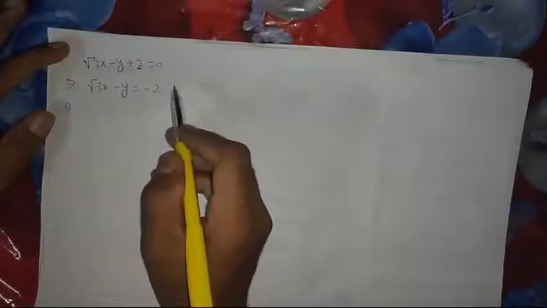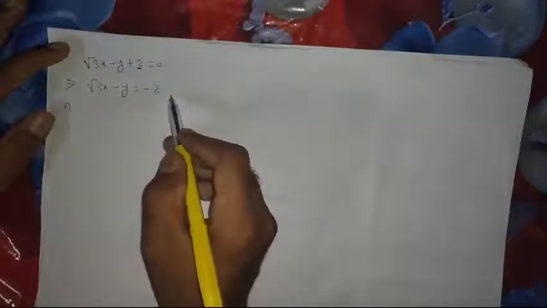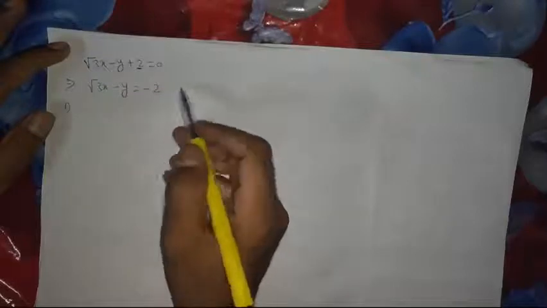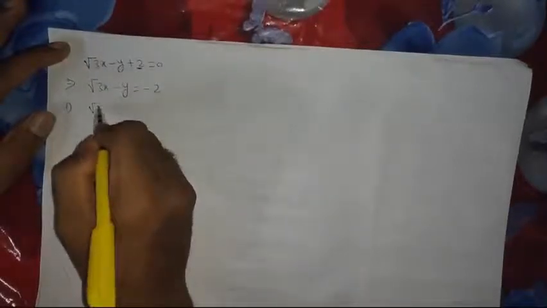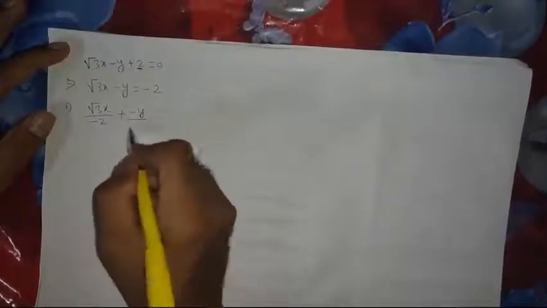If you remember, x by a plus y by b equal to 1. So we have to make this term plus 1. For that we have to divide both sides by minus 2. So root 3x by minus 2, and if I make it plus, it will be minus y by minus 2.